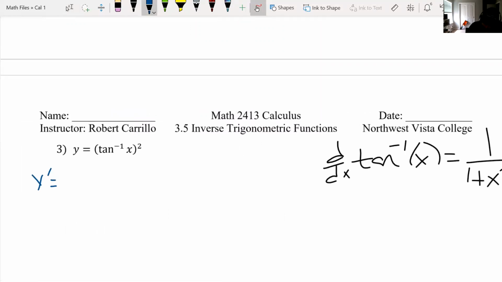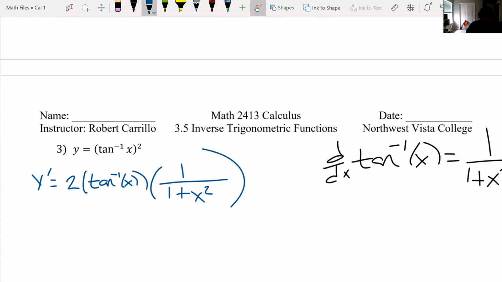So for number 3, y prime equals 2 times the inverse tangent of x. That's the derivative of the outside. Now we multiply it by the derivative of the inside. The derivative of the inverse tangent function, 1 over 1 plus x squared.